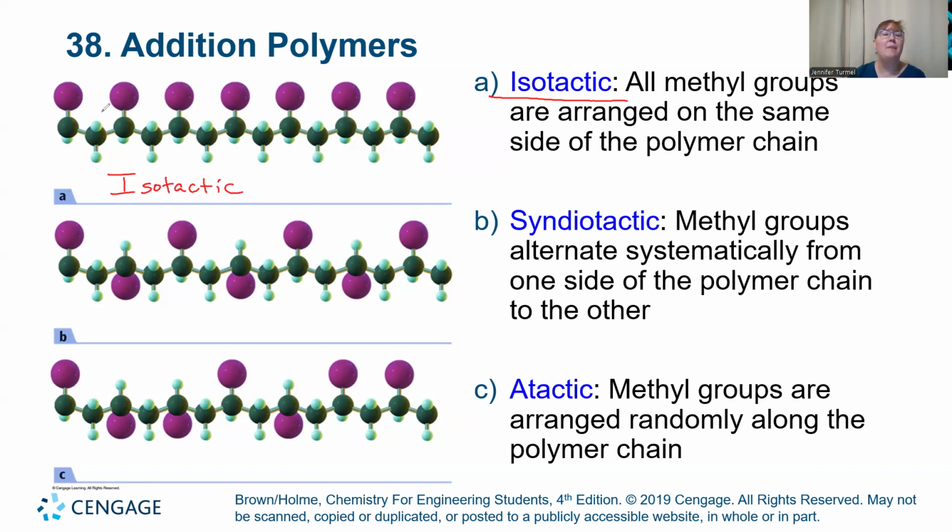And in this one, all of the methyl groups, and these pink ones here are your methyl groups, are arranged on the same side of the polymer chain. So here you have all of your methyl groups up here. And then just to identify it, here in the middle you have your carbon atoms. And these little ones down here on the bottom are hydrogens.